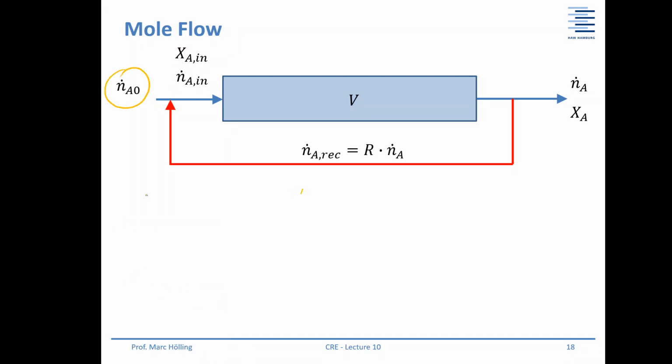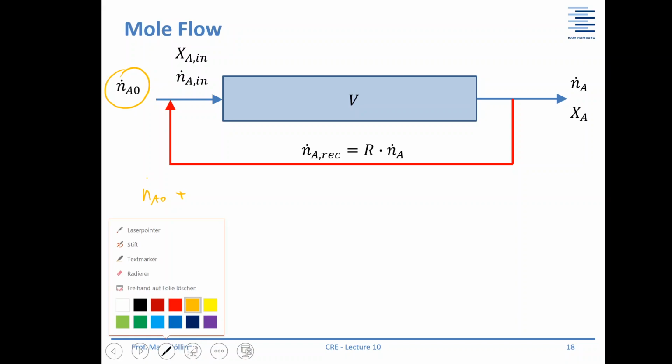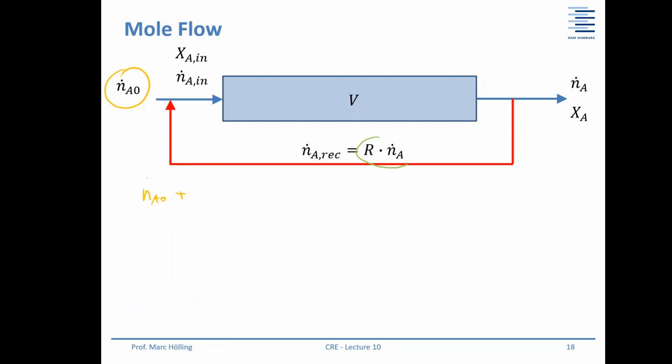You can say, okay, let's start with our inlet flow N dot A0 plus what we get here from the recycle flow, plus R times N dot A. This should be the same as N dot A in.